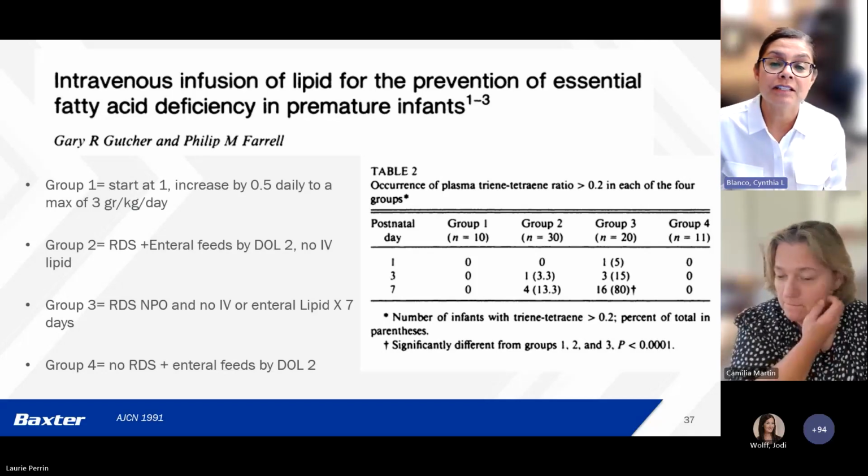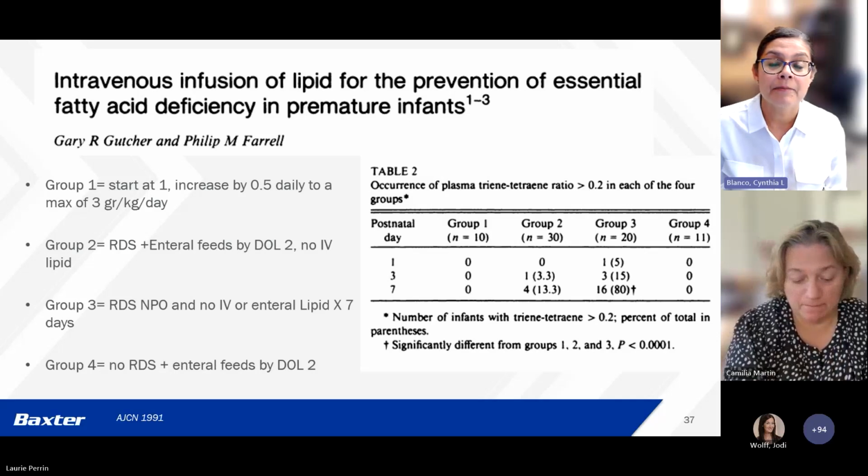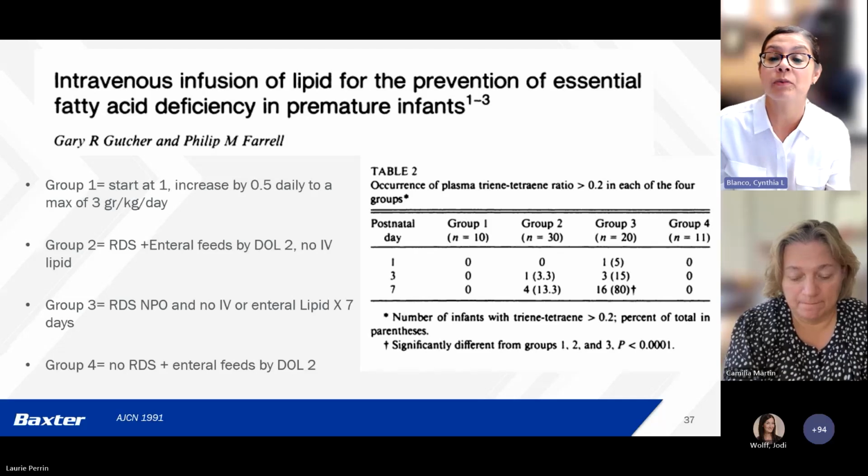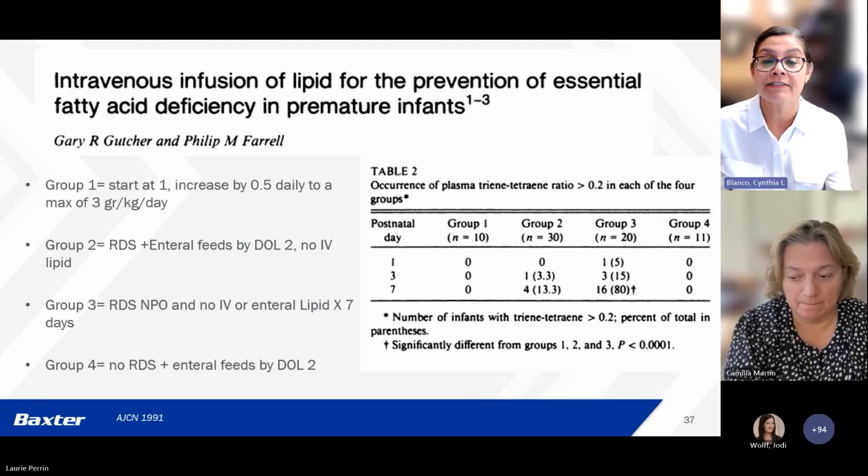So I want you to see on the table on the right, the way they measured essential fatty acid deficiency was by the triene to tetraene ratio and the percent of infants that developed this ratio greater than 0.2. And you can see there on groups 1 and 4 that received the minimum amount of like 0.5 per kilo per day, and in some of the cases all the way to 3 grams, none of them had that abnormal triene to tetraene ratio.